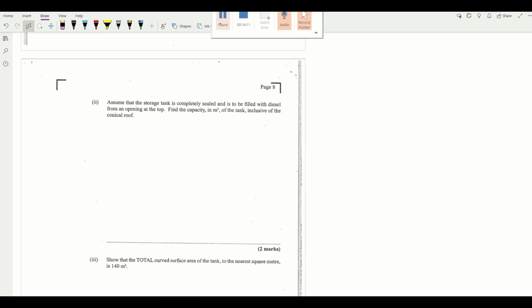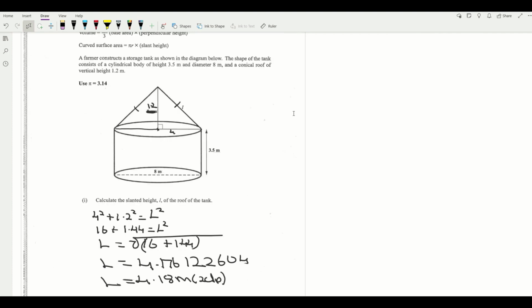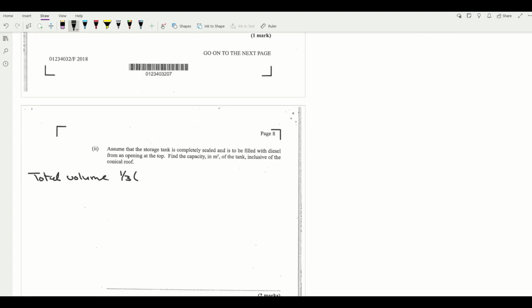My total volume is going to be a third base area by perpendicular height, plus pi r squared h, which is the volume of your cylinder.